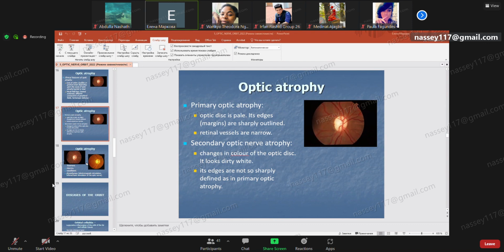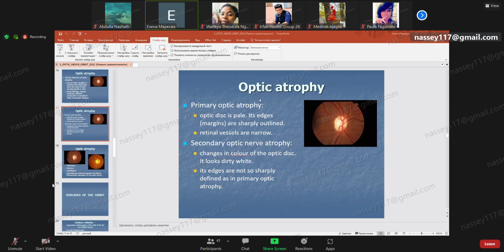And some words about causes of primary and secondary atrophy. Three major etiological types are recognized.